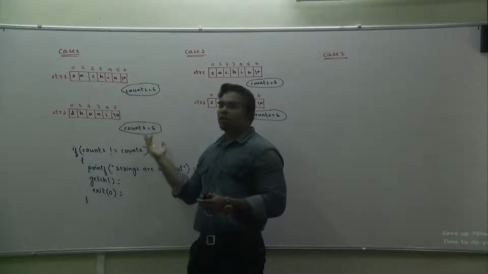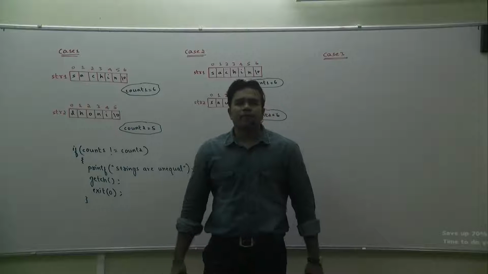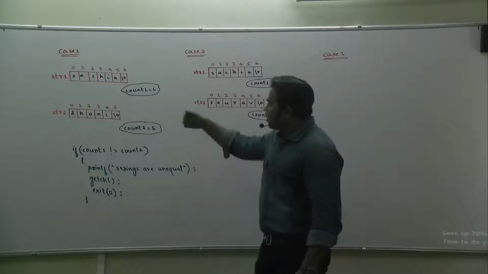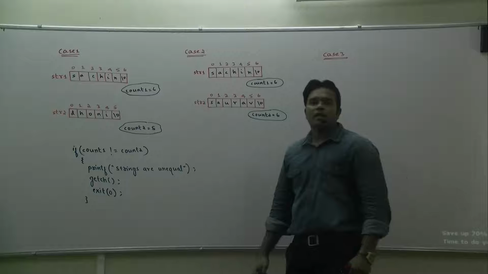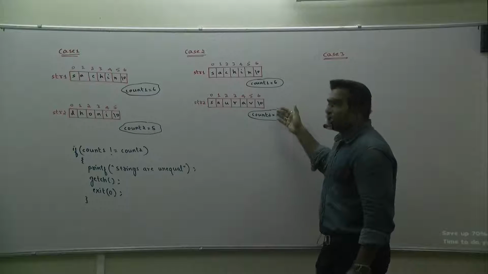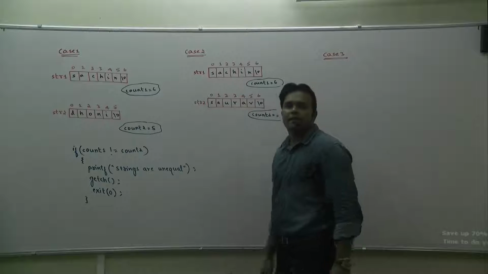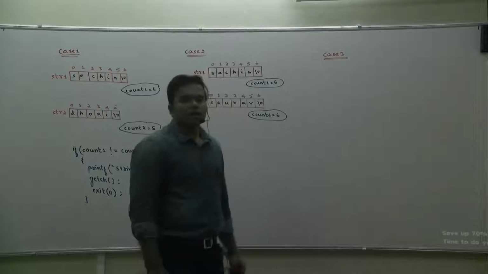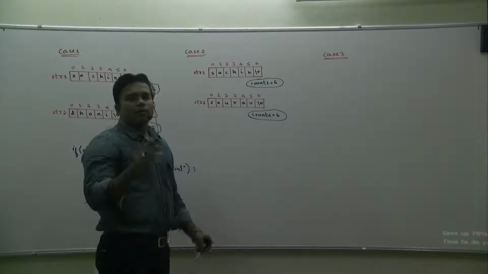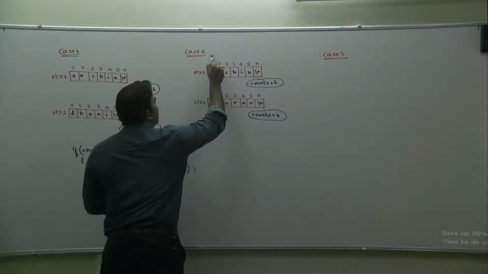Anyway, the count is only unequal, means why should I waste time checking character by character? So there I can confidently conclude that the strings are unequal. Whereas here, because the count is equal, I have to take the extra care to compare character by character. Oh, correct, sir. How will you compare, sir? You may ask. As normal, I will initialize I to 0.